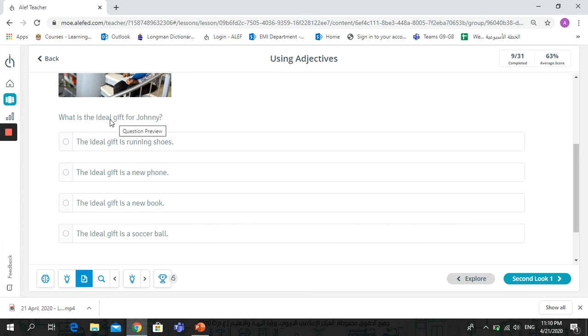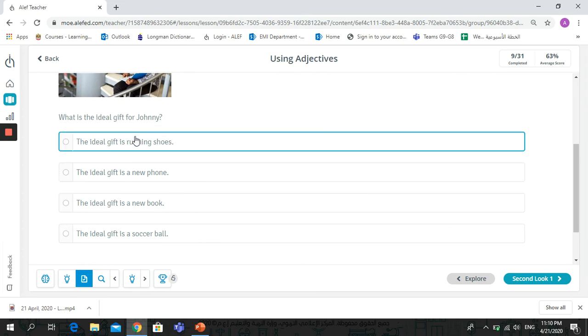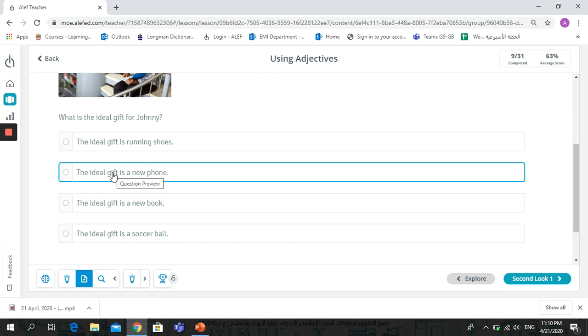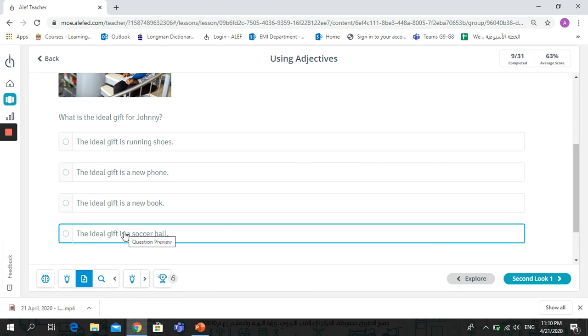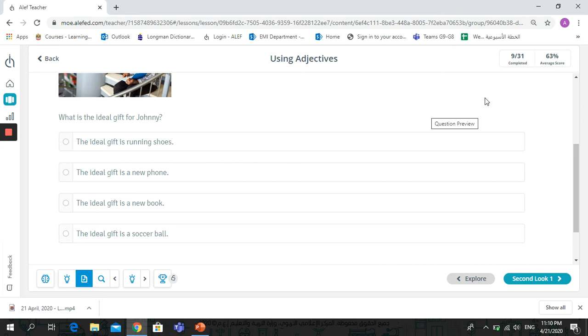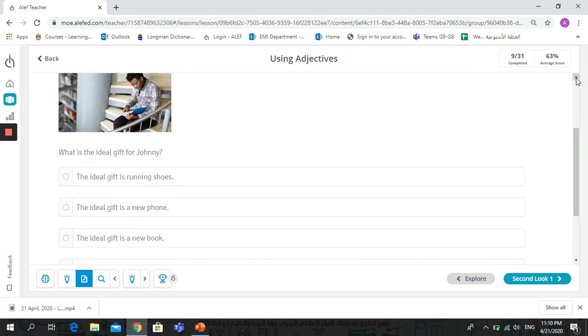The perfect gift, the best gift for Johnny. The ideal gift is running shoes. The ideal gift is a new phone. The ideal gift is a new book. The ideal gift is a soccer ball. Look at his picture. What do you think the ideal gift for Johnny?